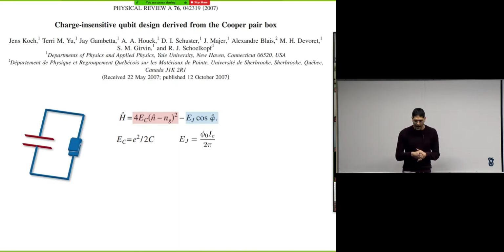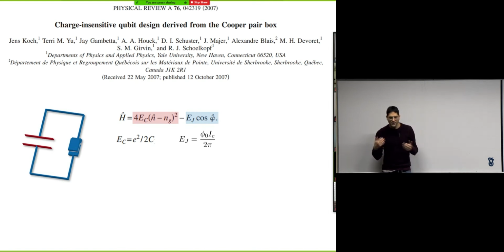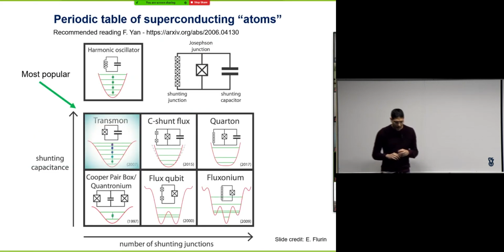Okay. Now, this transmon qubit is not the first qubit. Historically, it came as a variation of the Cooper pair box, sometimes called the quantronium. If you look at these two circuits over here, the first circuit down here is really the first qubit. It's a Josephson junction with a capacitor in parallel, but this capacitor is tiny.